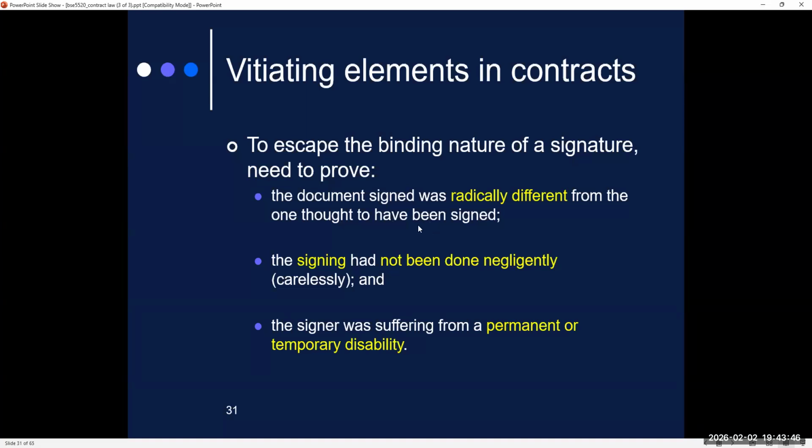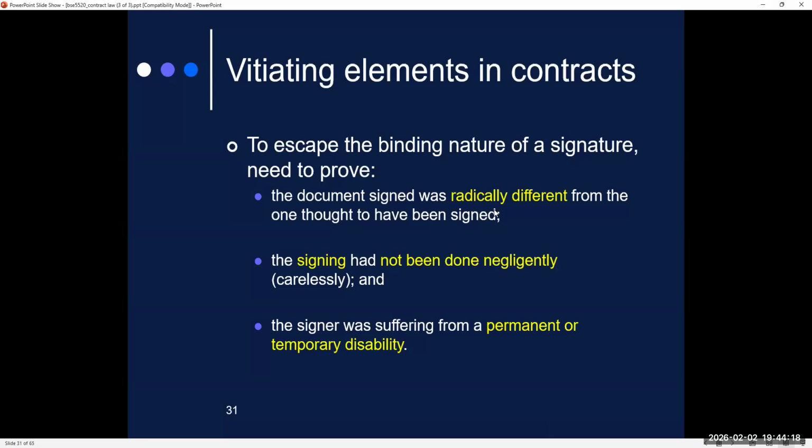For example, you imagined that it is for a cleaning service. You signed it. But mistakenly, actually that contract is for repair service instead of cleaning. So that is radically different from the one thought to have been signed, right? Cleaning contract, repair contract, very different.